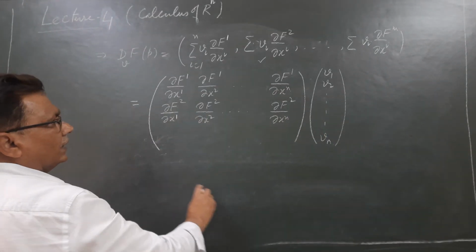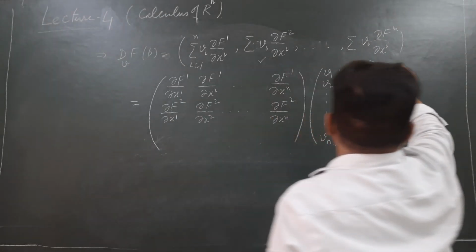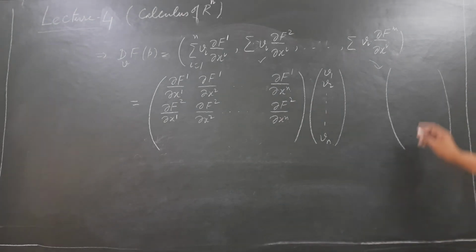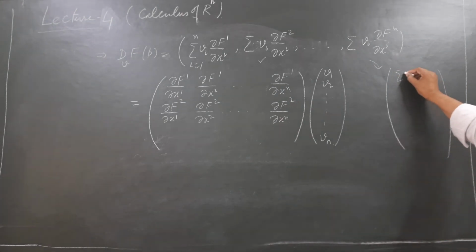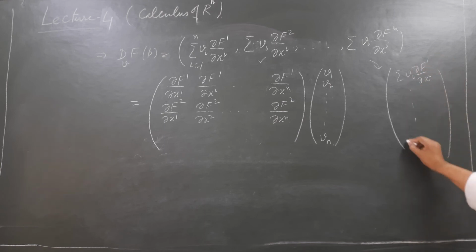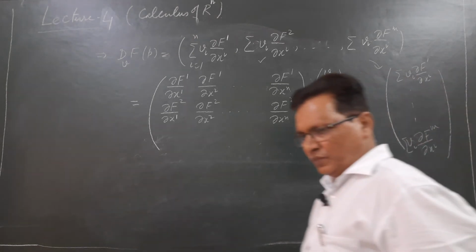And this vector on the right side, you can write as a column vector as well. You can write this as summation vi del f1 upon del xi, and so on. The last one will be summation vi del fm upon del xi.